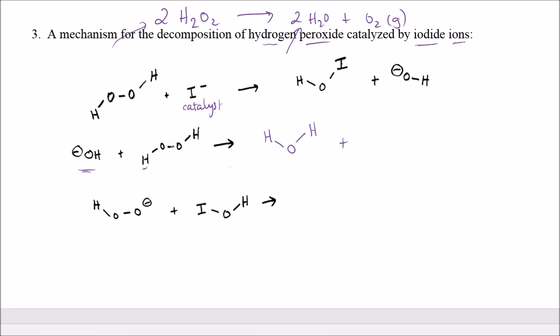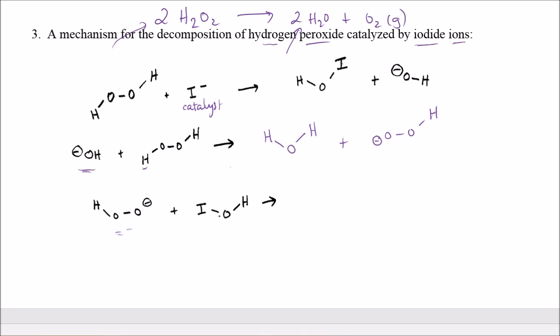What's left over? There'll still be this OOH part here, OOH. And there will be a negative charge here, so I'm circling that. All right, so we've made our first product. We reacted 2 peroxide molecules. Carry this molecule over. So here's the OOH with a negative coming over here.